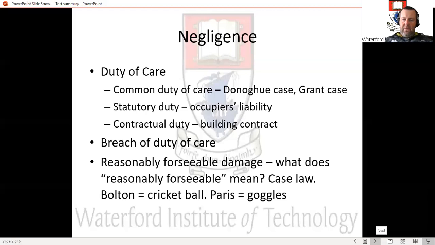So reasonably foreseeable depends on the circumstances and what a reasonable person would have done had they been in the defendant's situation.